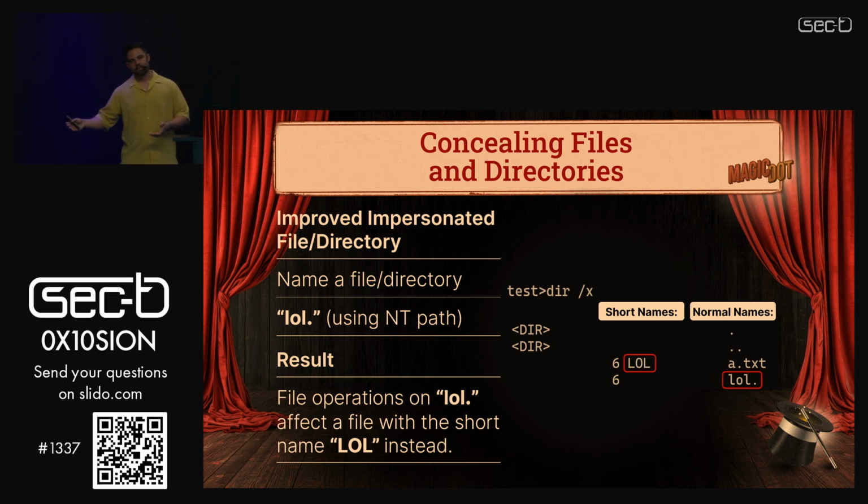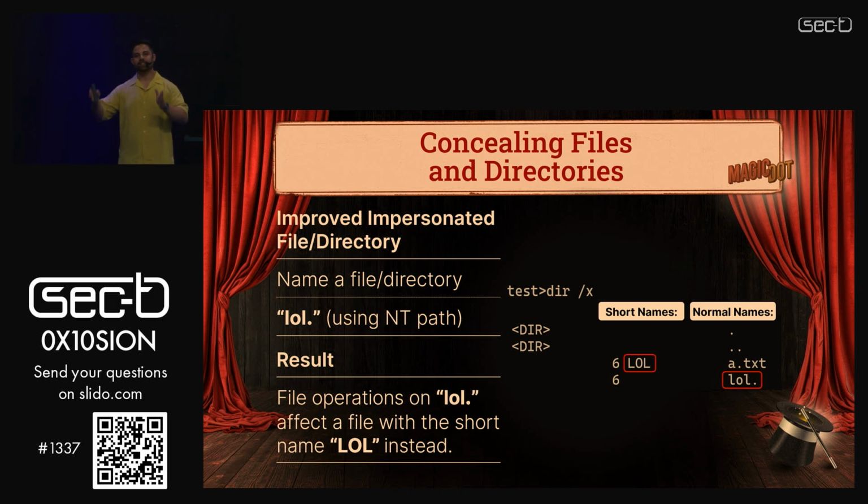Then if we create a malicious file that is named LOL.dot, then any file operation that is taken against LOL.dot will actually remove the trailing dot from LOL dot, finally referencing LOL. But what is LOL? LOL is actually a.txt.